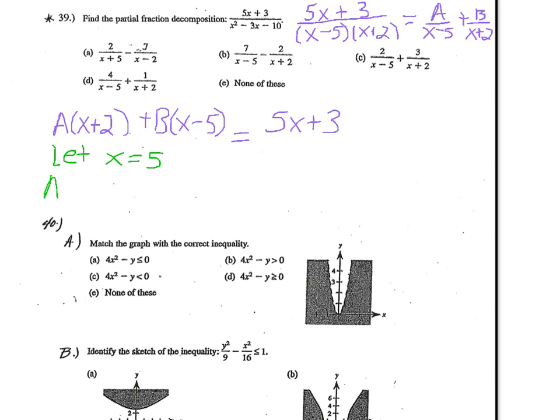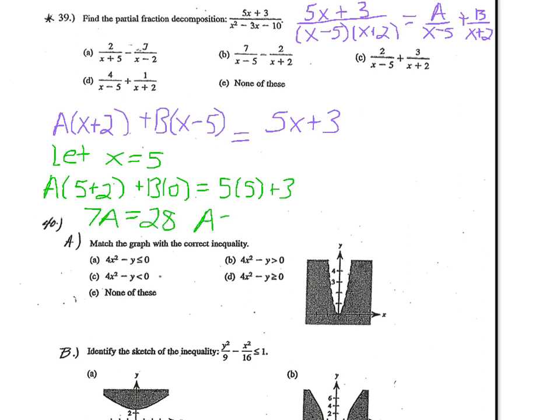So I have A times (5 plus 2) plus B times 0, and that will equal 5 times 5 plus 3. So I have 7A equals 28. So I know that A equals 4.